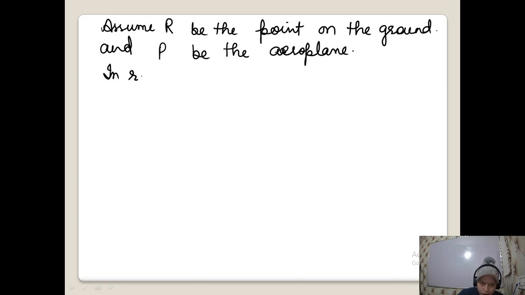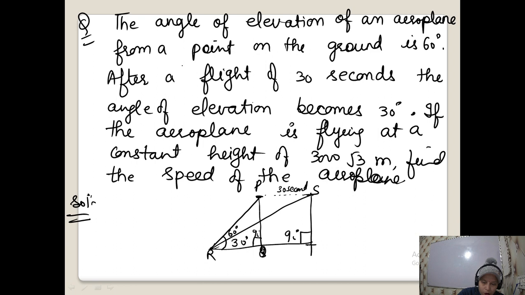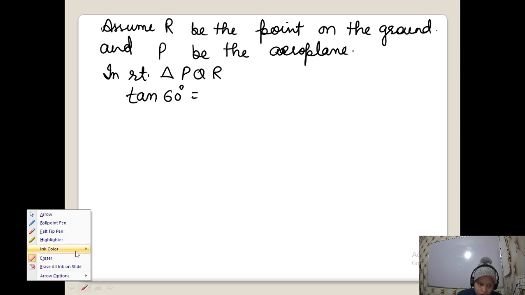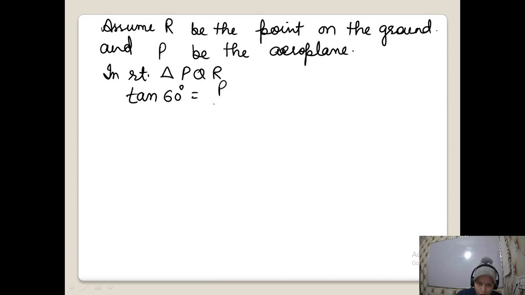In right triangle PQR, tan 60 degree is equal to P over B. Here P is given, that is 3000 root 3, over base.